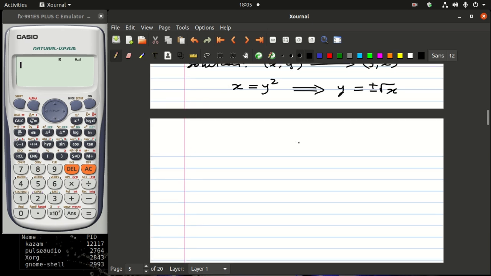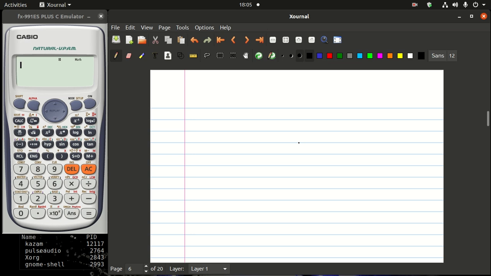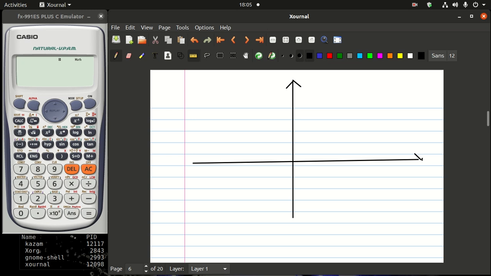But in pictures, you have this function here, which goes like this side, and also something of this kind.